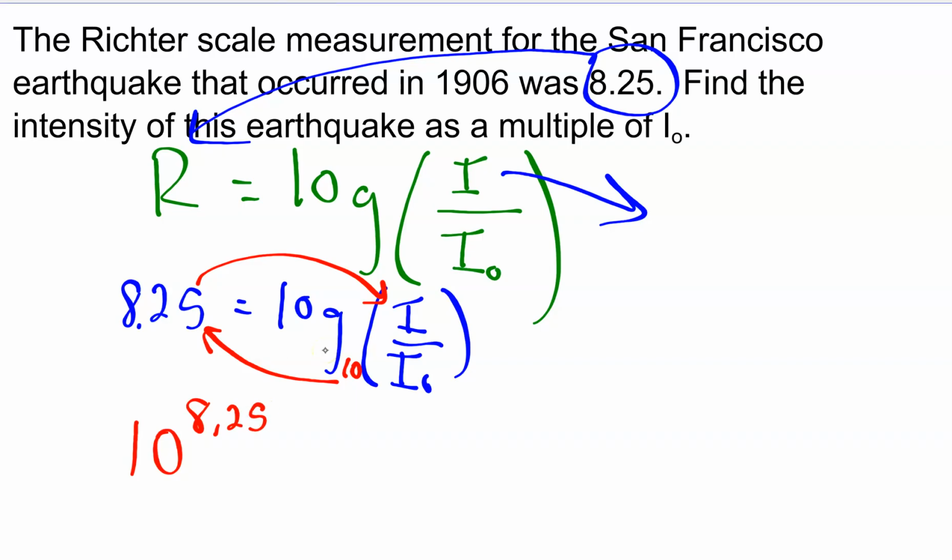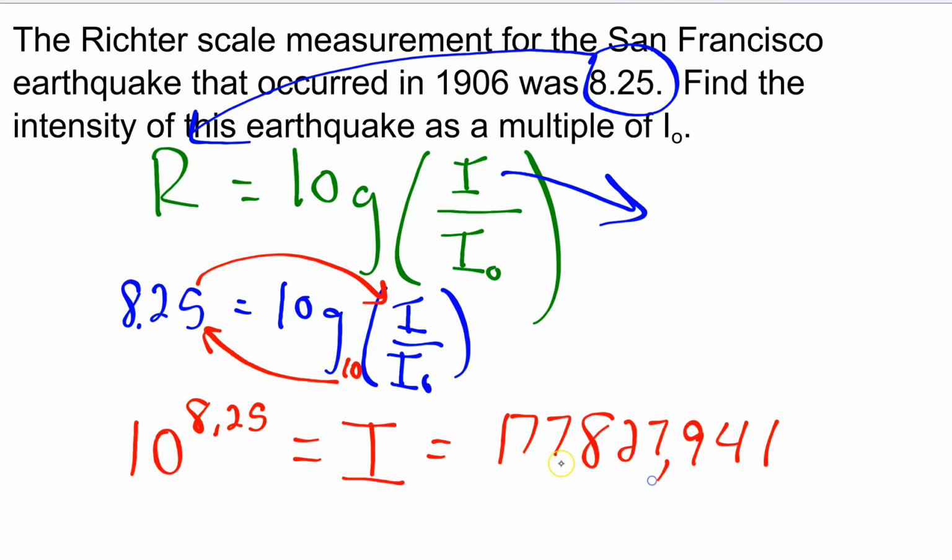And there's an I naught in here, so it's the intensity of this earthquake as a multiple of I naught. The I naughts should always cancel out, so I'm not super concerned about that. And if you were to put that on your calculator, you're going to get a really big number. So we're in the millions here, right?